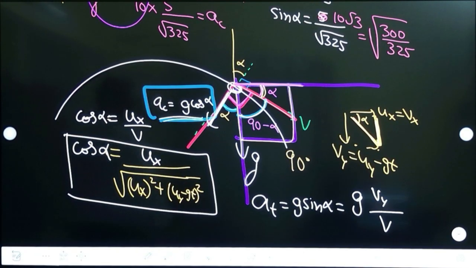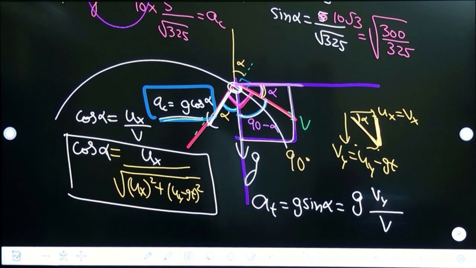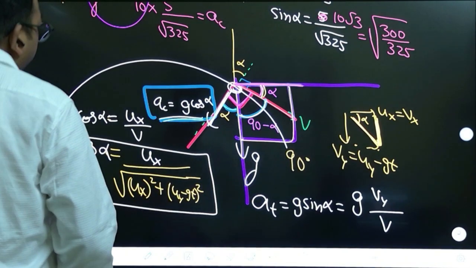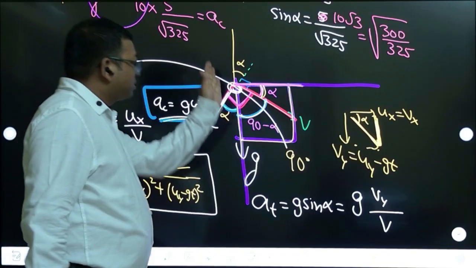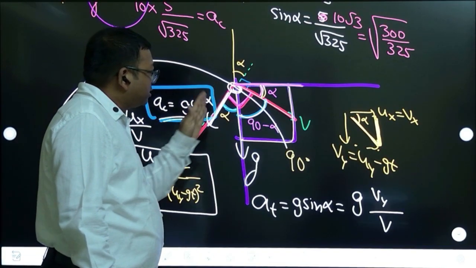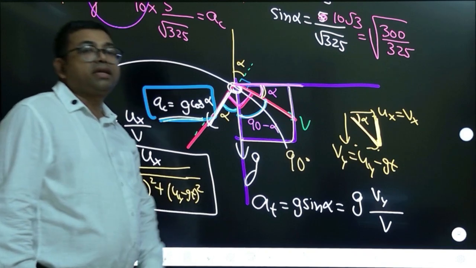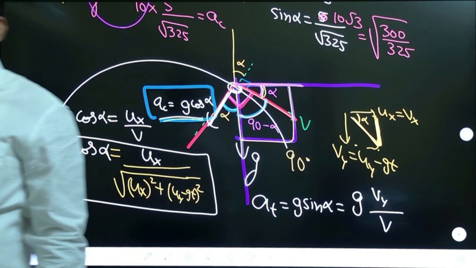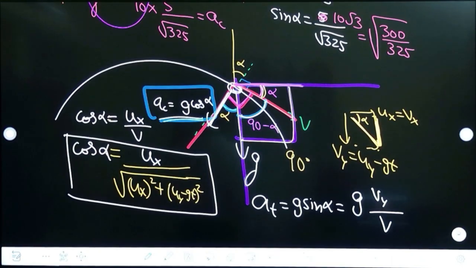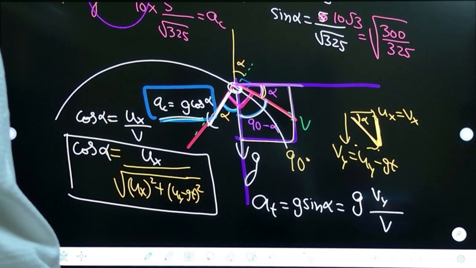Correct? Yes? Yeah, because this is the component of G along the radius, that is the component of G along the tangent. Clear? Yes?